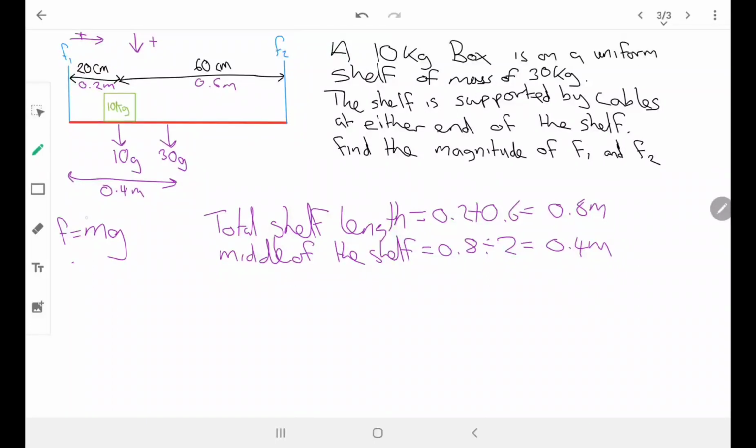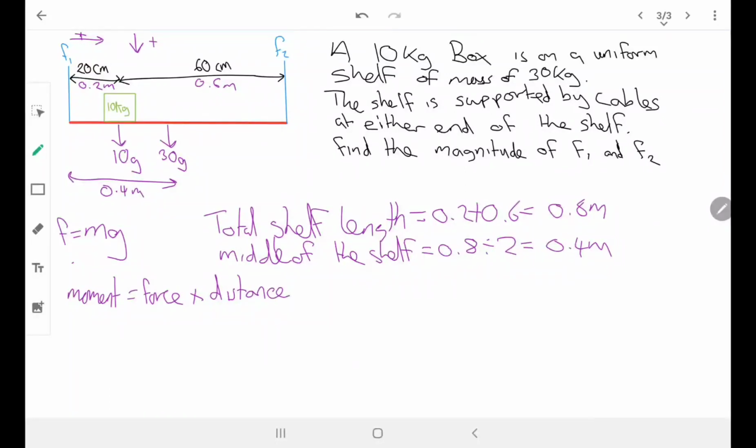In an exam they might just want the magnitude, and then we ignore the negatives when we get to the final answer. So our sum of our moments equals 0, and a moment equals force times distance.